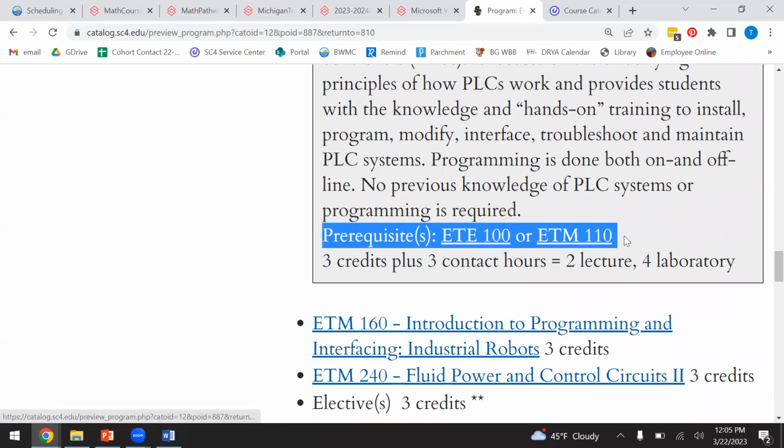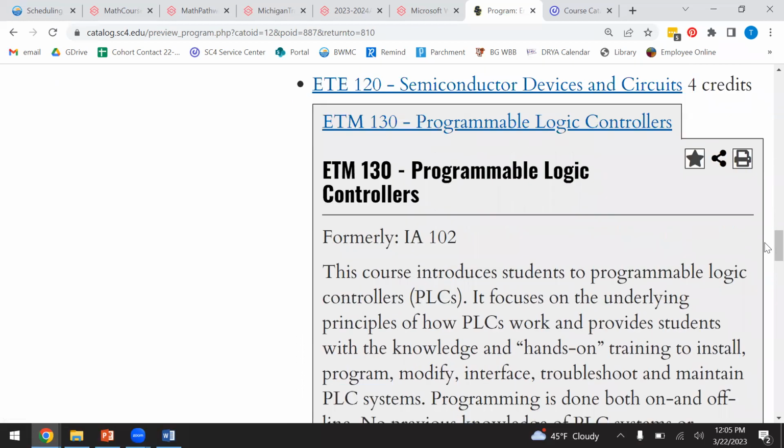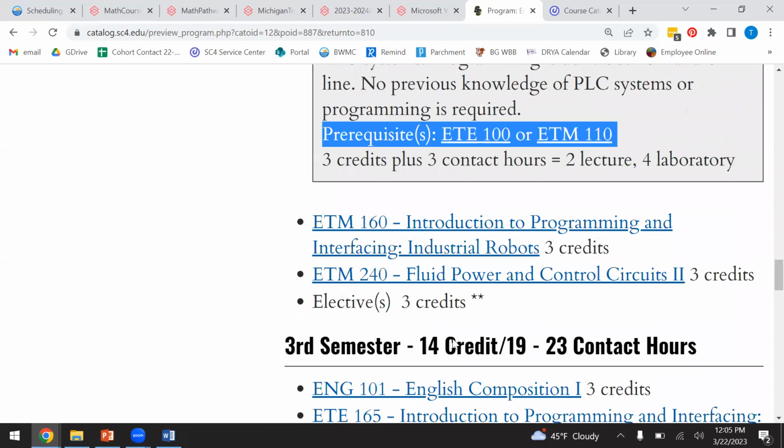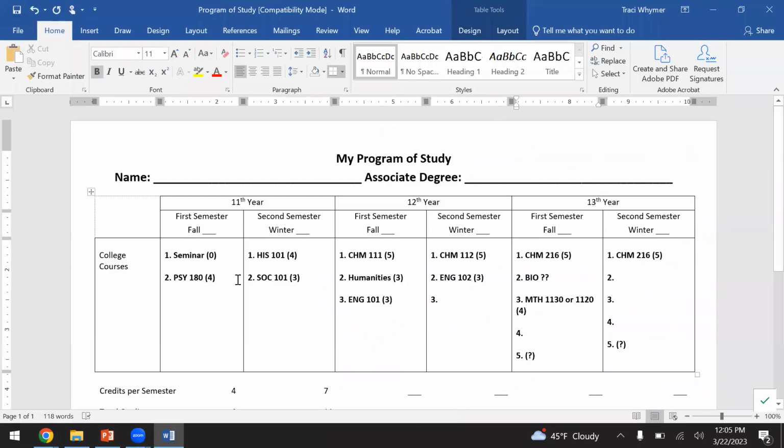So it's listed here. For this particular class, which is ETM 130, we need to have ETE 100 or ETM 110 done first. So that's where you would want to plan those in this first year, possibly, so you can take ETM 130 in your 12th grade year.